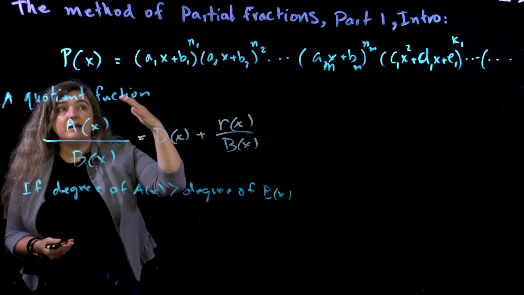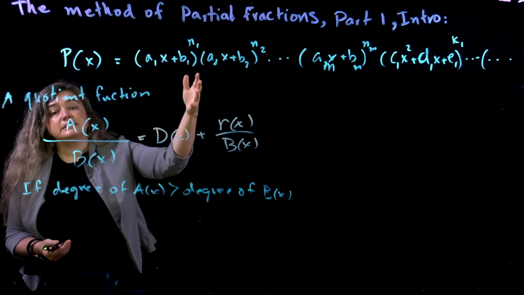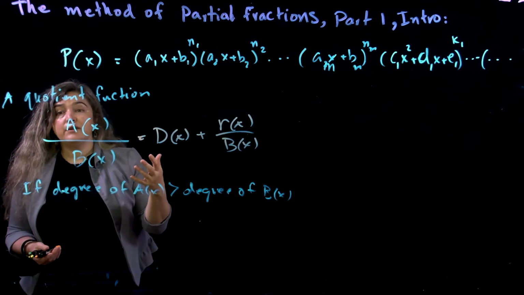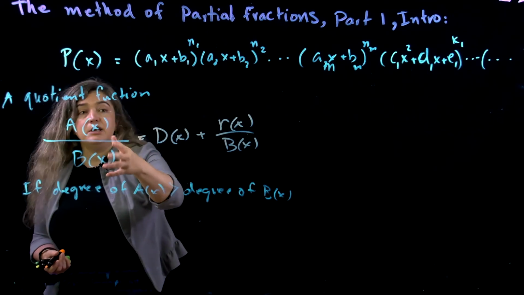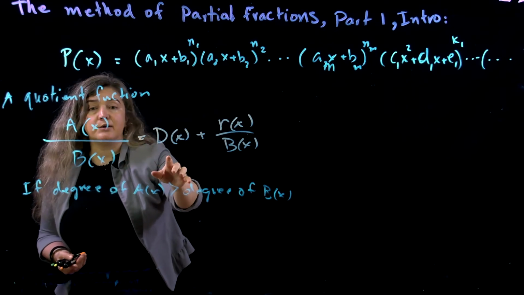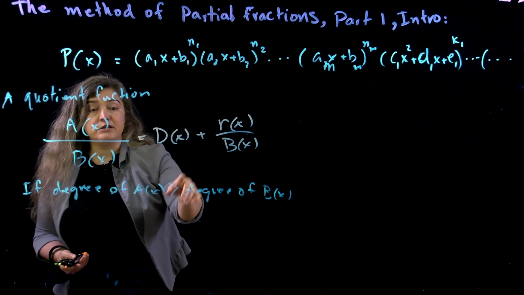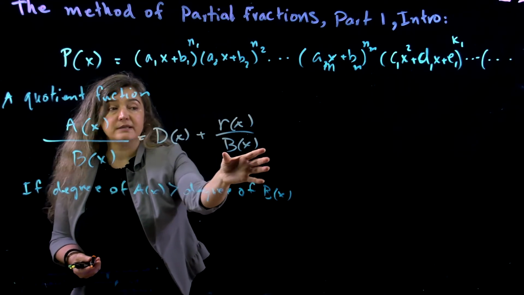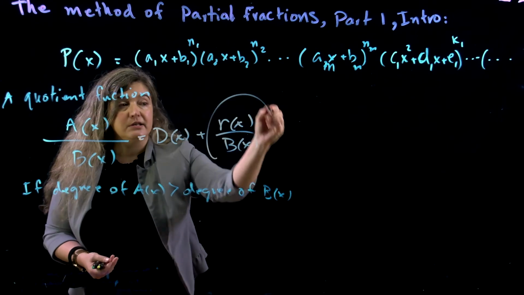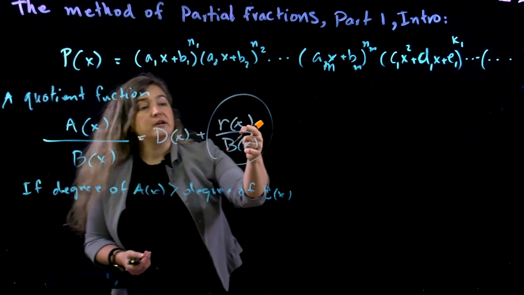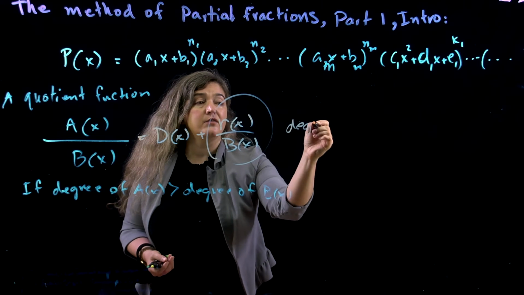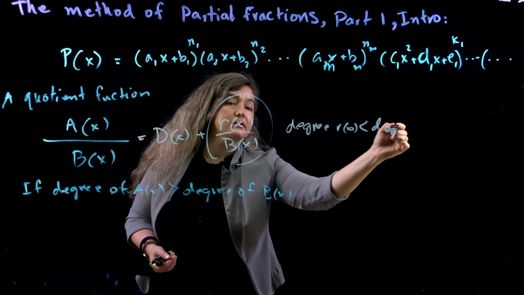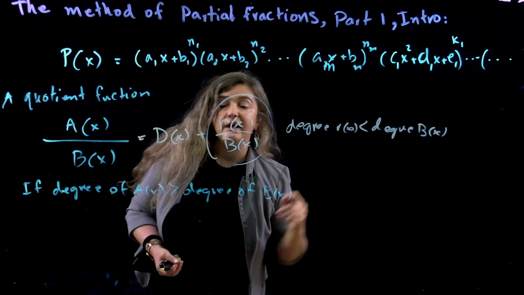So the partial fraction method sits on this information. If you have a quotient function where the degree of the numerator is bigger than the degree of the denominator, you can write it as a polynomial plus another quotient function, where the degree of r of x is less than the degree of b of x.